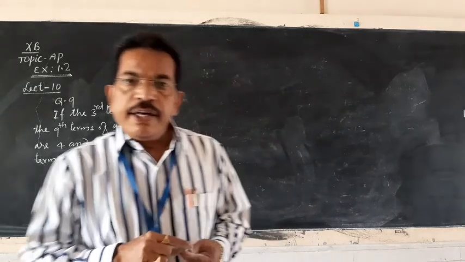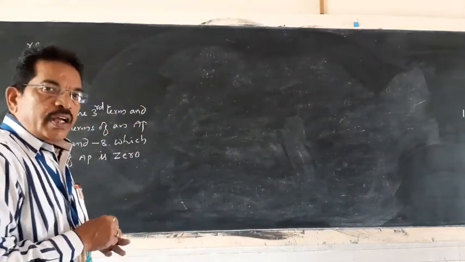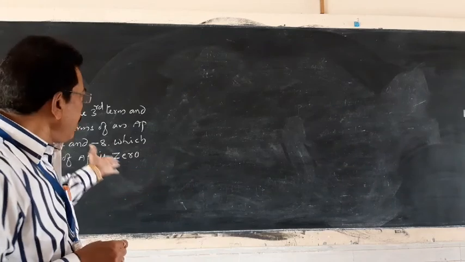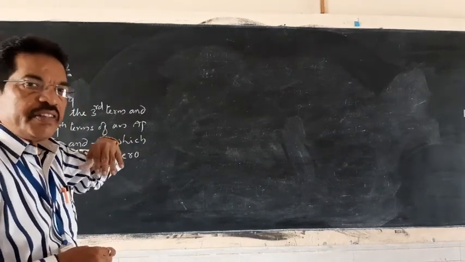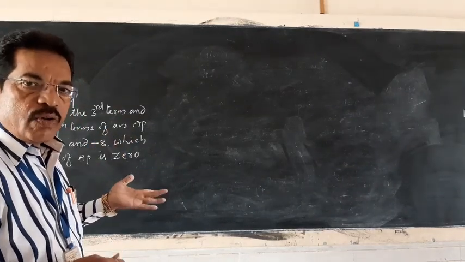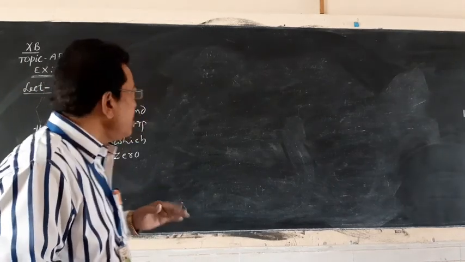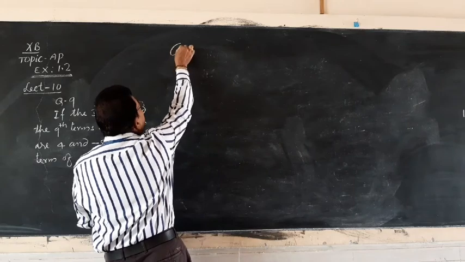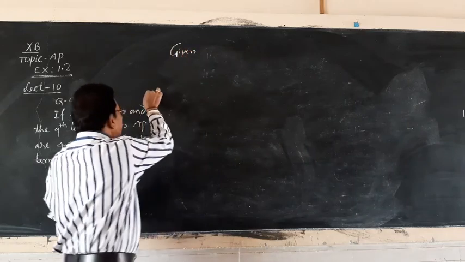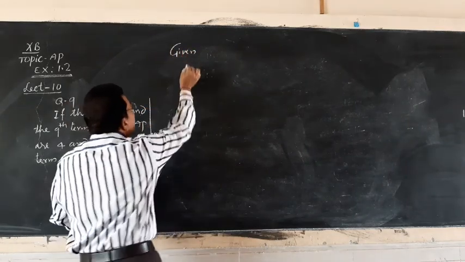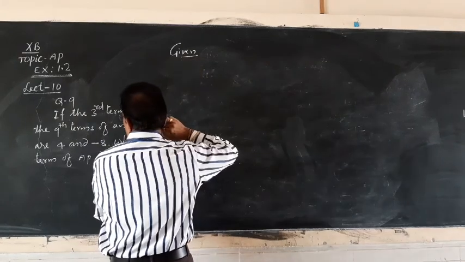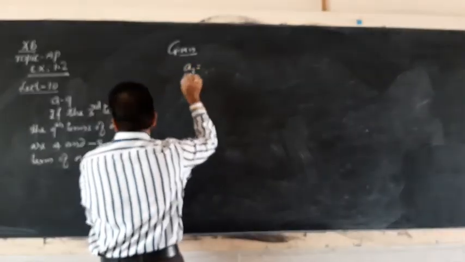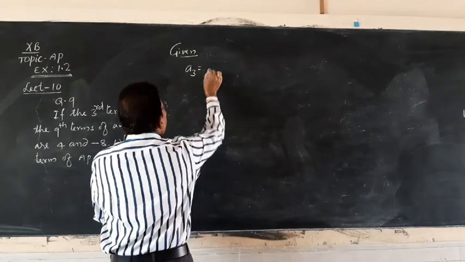Read the questions carefully and try to understand in what way we have to solve. The general way of solving is using the nth term formula, an equals a plus n minus 1 into d. Now let us write the given. The third term A3 is 4.